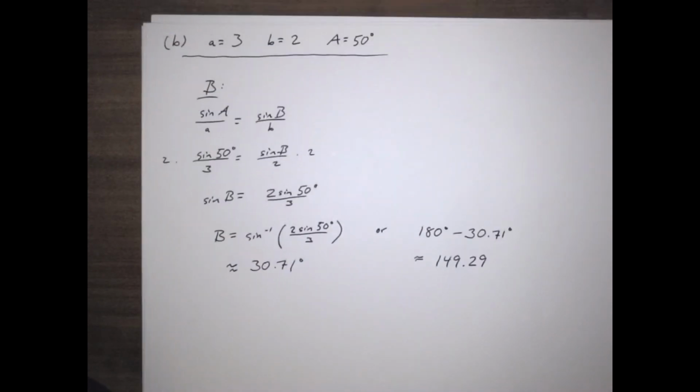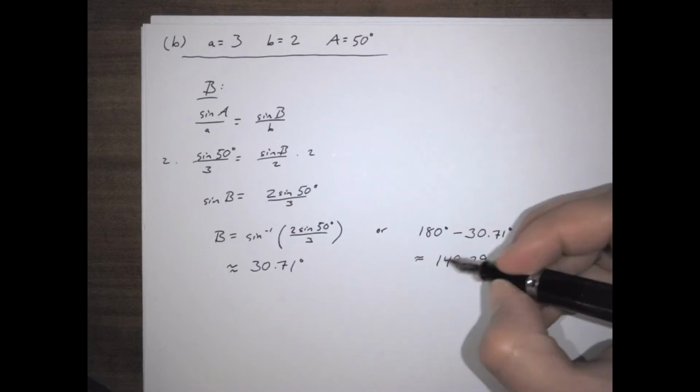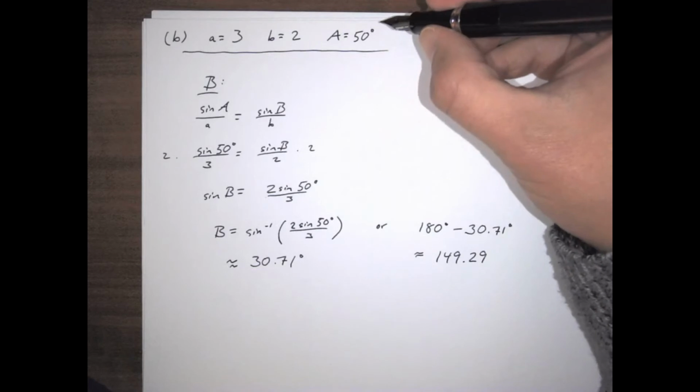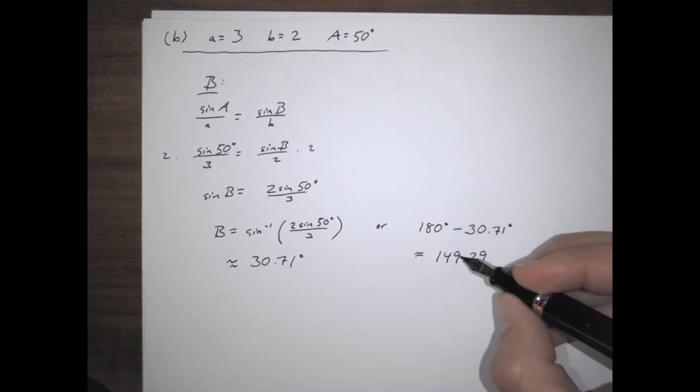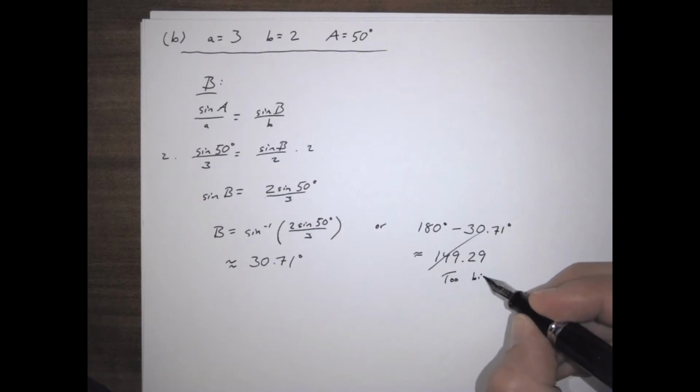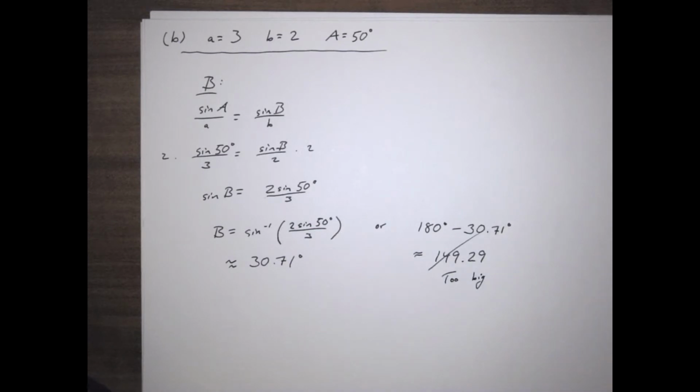So looking at the angles that we have, two possibilities for B, 30.7 or 149.29. Now, is this one actually possible? Well, considering the A that we already have, this one would be too big. So this case is not ambiguous.